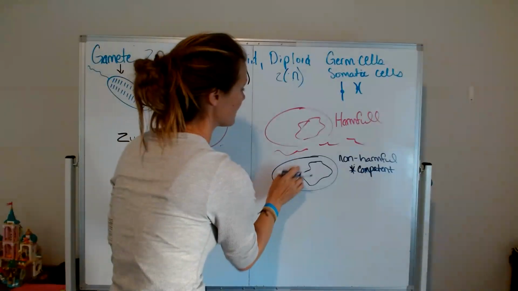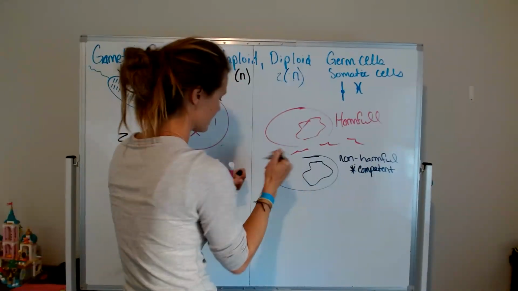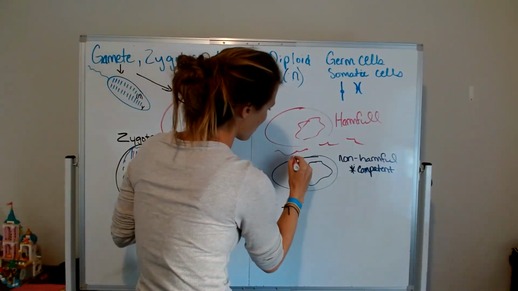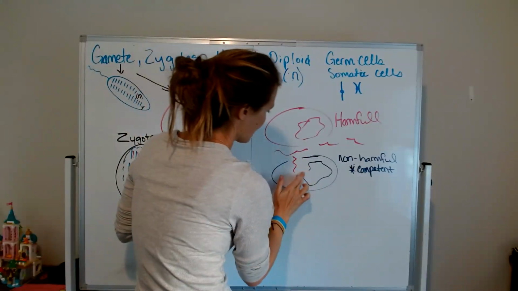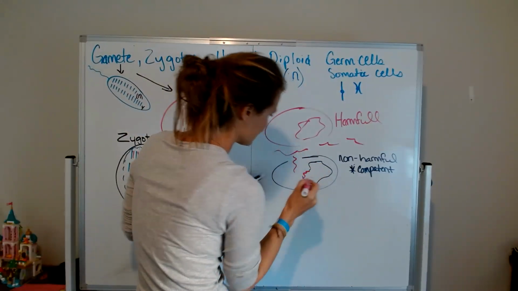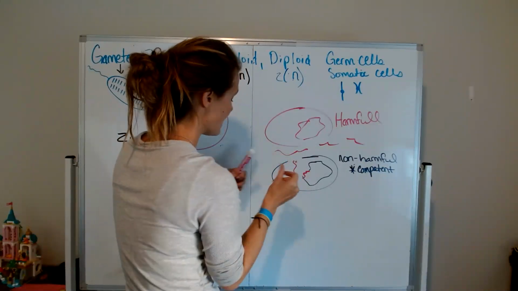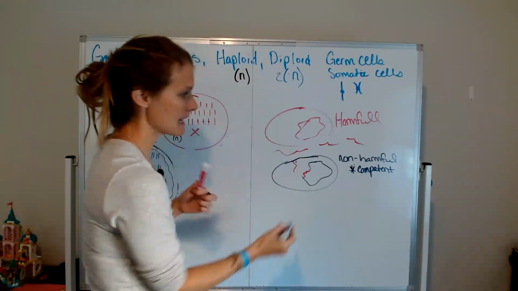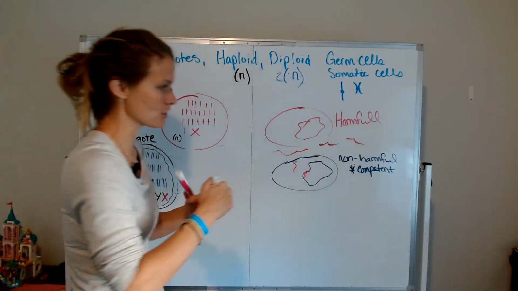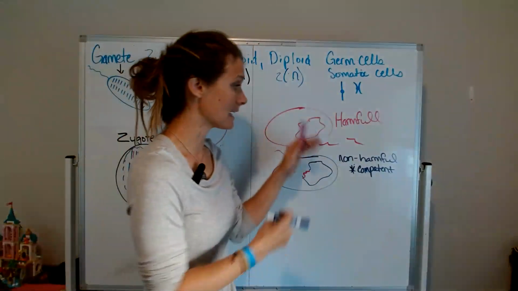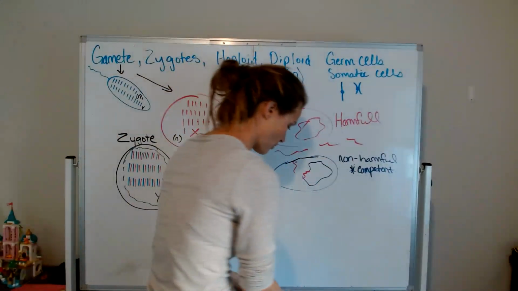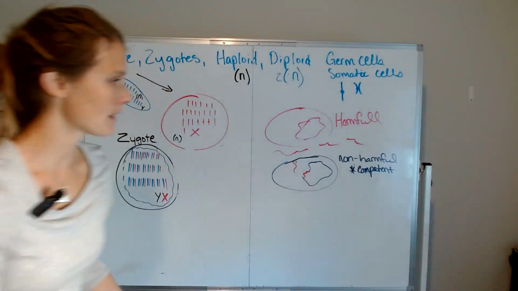If it's competent, it can bring this information in, add it into its DNA, and now it has that harmful information. So maybe it can start producing that exotoxin or endotoxin, whatever that might be.